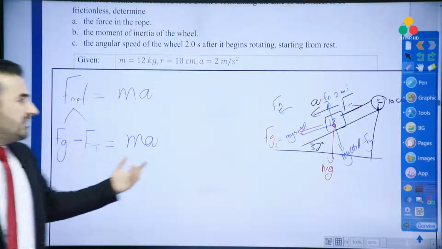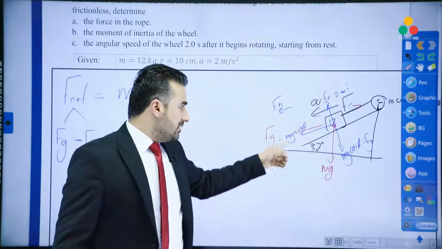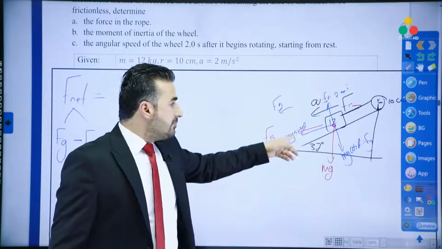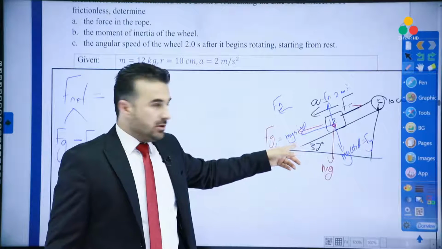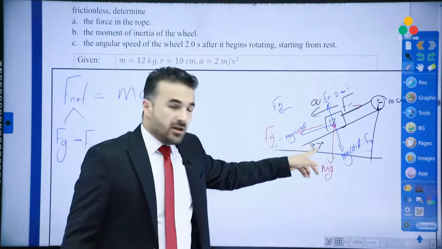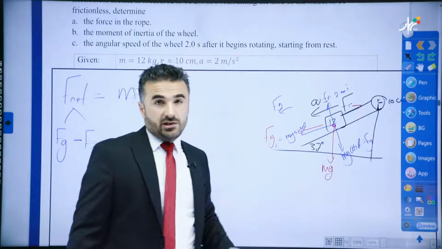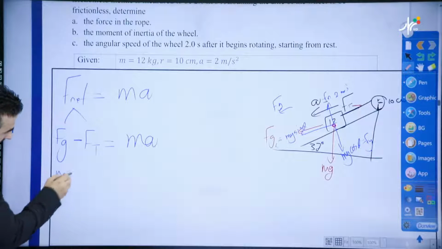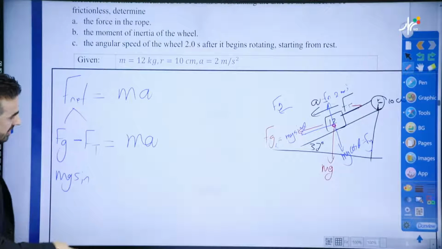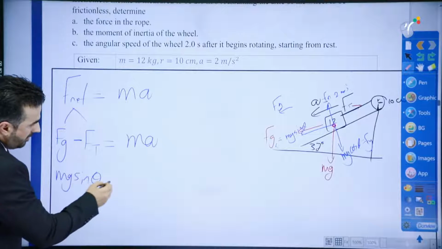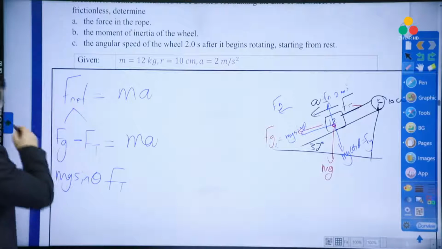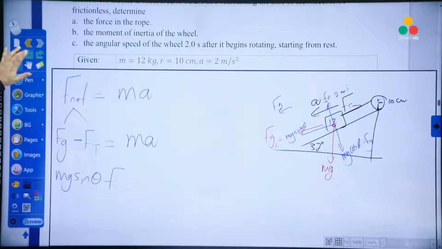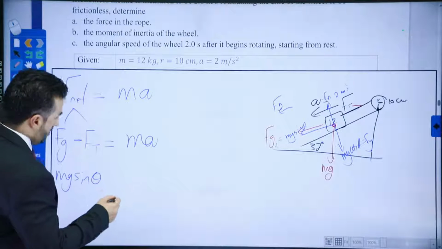But what do we have instead of Fg? We don't have Fg directly, so you're going to go with mg sine theta, that is mass times gravitational acceleration times sine theta, because we have an angle. So mg sine theta minus F tangent equals mass times acceleration. Let's not rush.